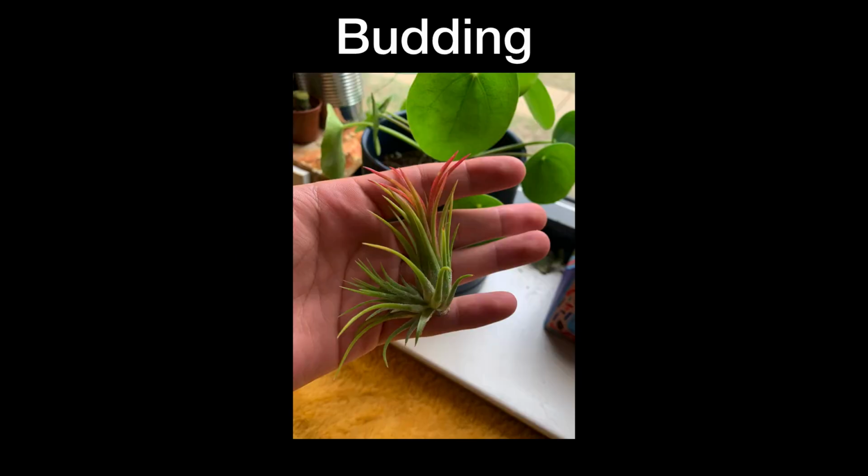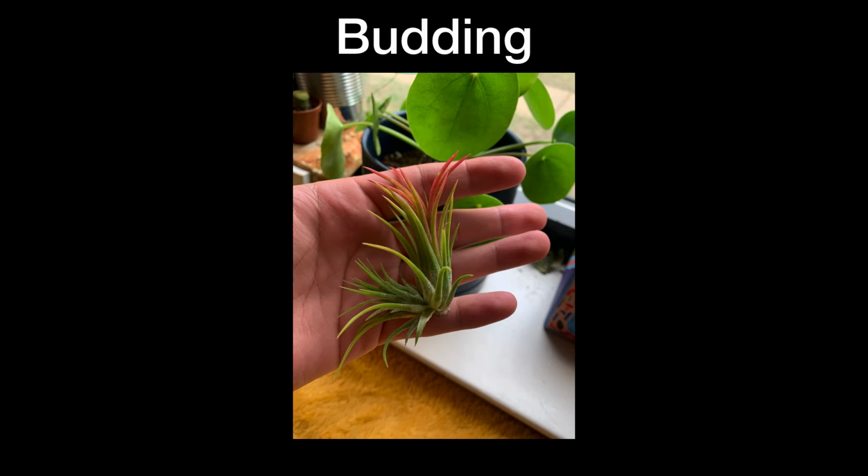Another method of asexual reproduction in plants is budding. Budding is when a clone of the parent plant grows off of the parent itself and eventually detaches. Many of my plants are actually air plants, which don't grow in soil.